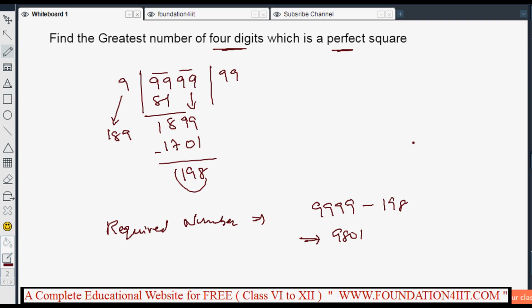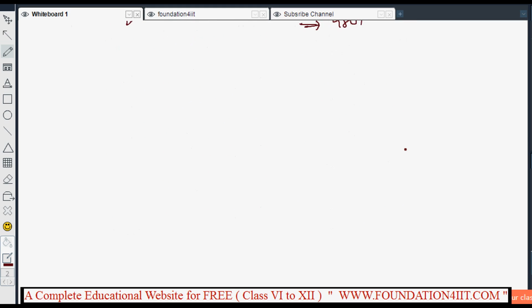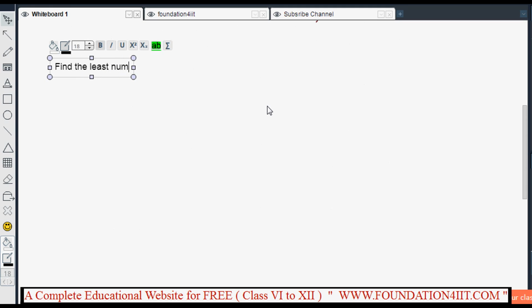Okay, similarly we'll get questions to find the least number also, least number of 6 digits, 4 digits, like that. I'll write one last question here: find the least number of 6 digits which is a perfect square.